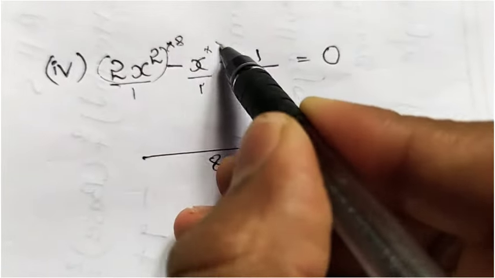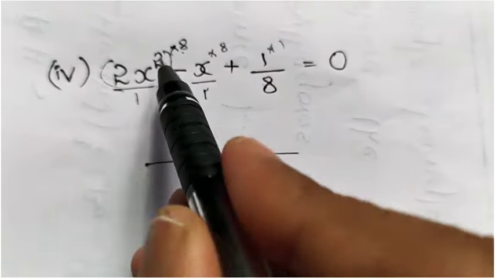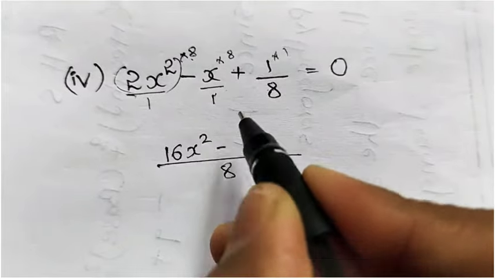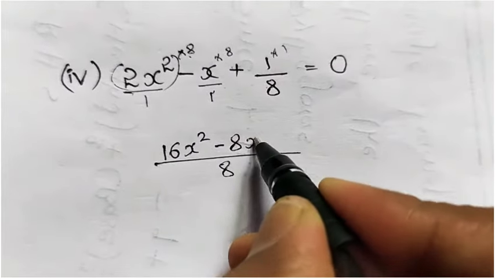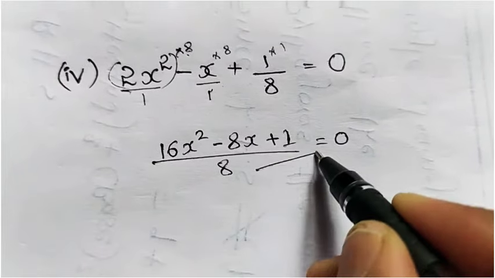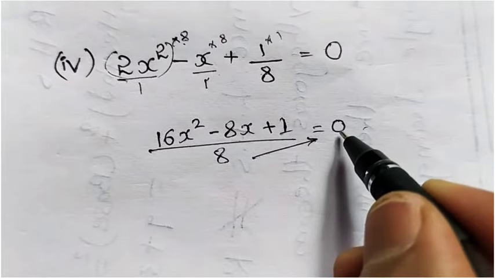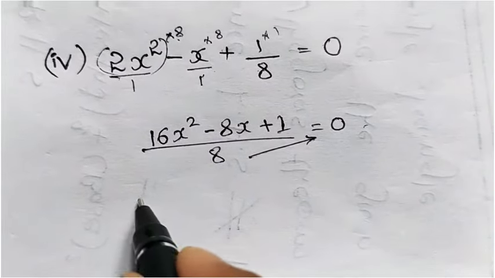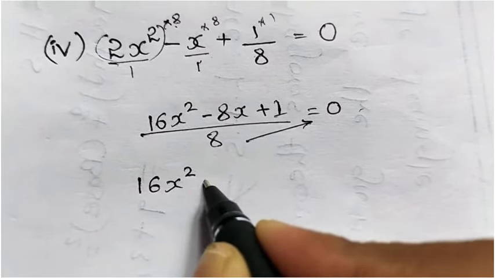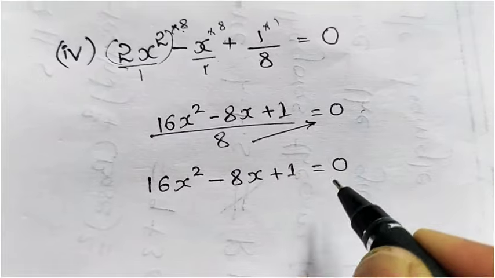So 8 into 2 is 16x square minus 8 into x, 8x, plus 1 equal to 0. Okay, taking 8 to the right side, that becomes multiply with 0, so 8 into 0 is 0. So here we got the quadratic equation, that is 16x square minus 8x plus 1 equal to 0.